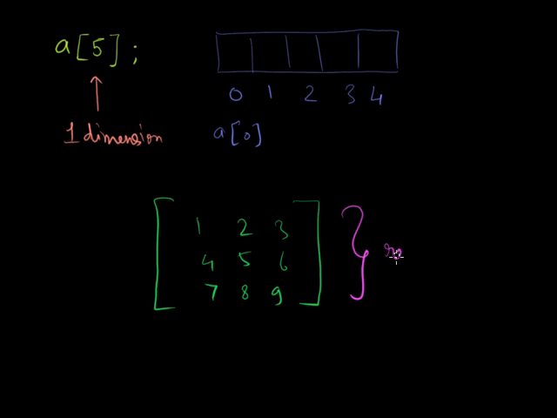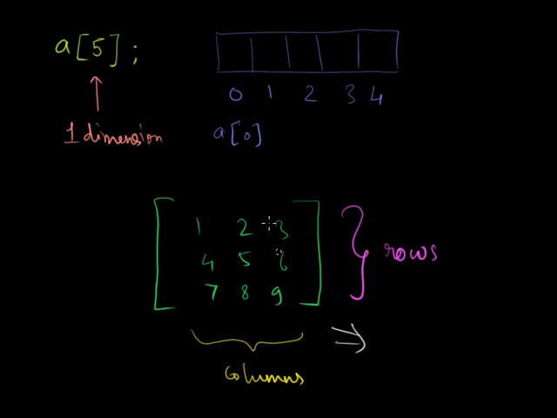One is rows: this is the first row, second row and third row. And the other, which you can guess, is columns. Rows and columns. So arrays which have 2 dimensions are called two-dimensional arrays, and arrays of more than one dimension are called multidimensional arrays.